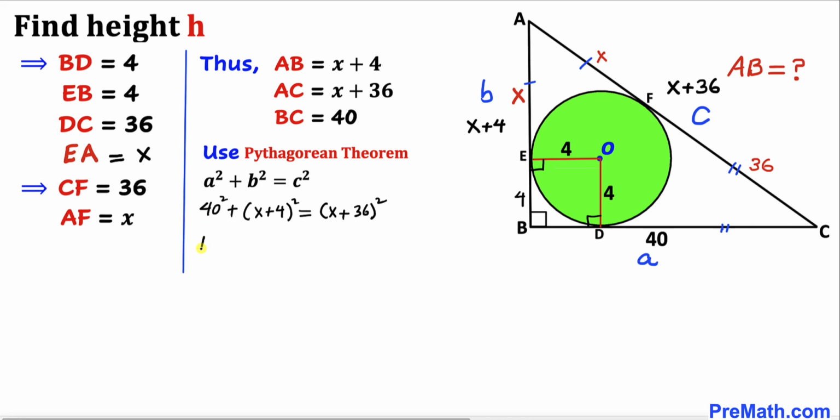40 square is going to be 1600 plus, and now let's recall this famous identity, a plus b whole square. We are going to apply it over here.